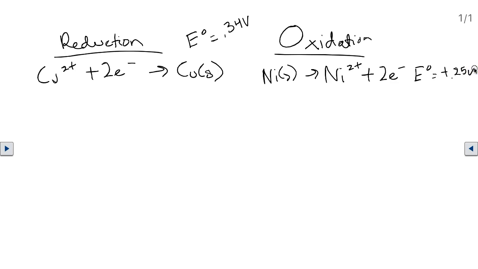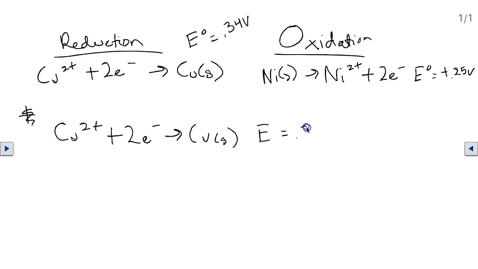Okay. At this point in your life, you have to make sure the electrons balance. Do they? Cool. So I don't have to multiply anything. So now that I have my two half reactions written in the correct order, I can just combine them. Okay. So I'm just going to start over to make it a little bit easier to follow.